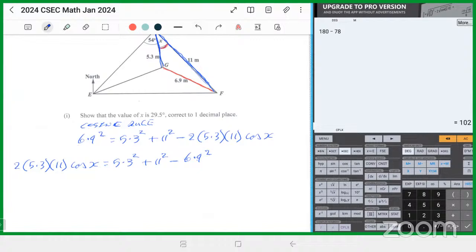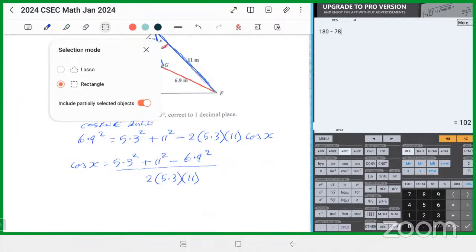Then I need to leave the cos x as the subject. So next I'm going to take all of this and divide it on the right side, putting the line that I'm going to divide it under. It's as if I take all of this and divide it under here. So that's a simple way to show the transposition, right? That's what we have so far.